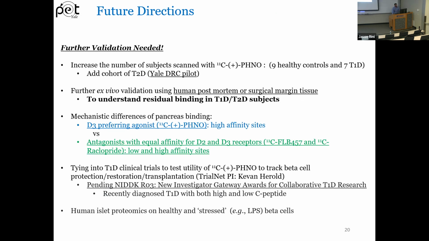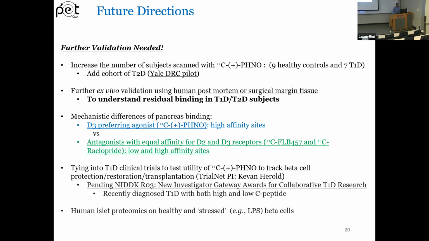And we're trying to tie this in with hopefully a grant that should be coming this summer with TrialNet, getting people who are immediately diagnosed and scanning them a few months after diagnosis. And then hopefully in the longer term, we can follow them serially every year and see that kind of progression, or hopefully not progression, to diabetes.